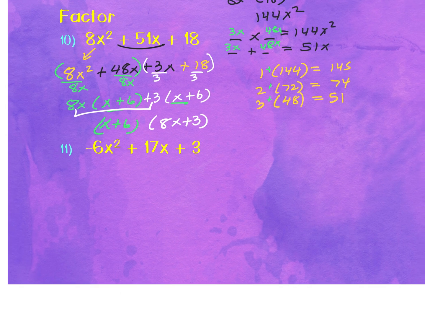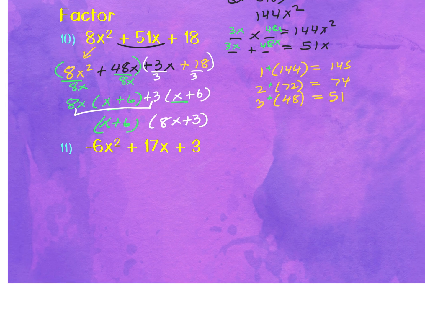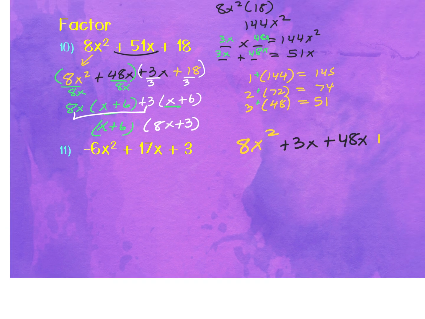Now just to show you, it wouldn't have mattered. So if I would have done 8x squared, and let's say instead I put the 3x first, and then the 48, just to show you, we're still going to get the same thing. So if I make a green group and then the white group, my greatest common factor of my green group is just going to be x.